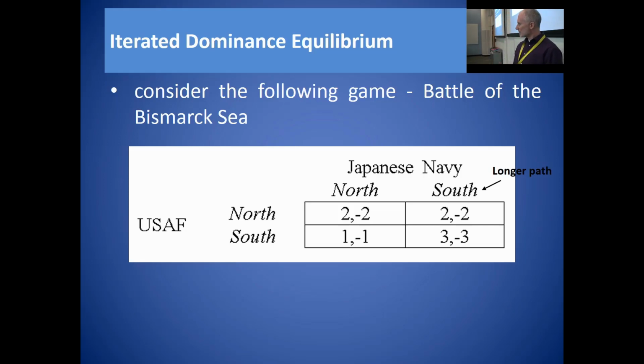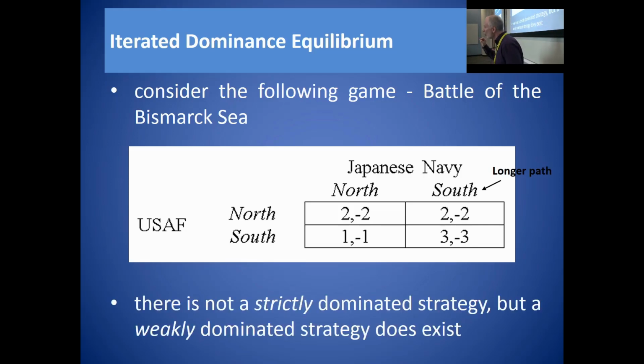So that's for the US Air Force. What, though, about the Japanese Navy? Well, would they choose to go north or south when the US Air Force went north? They would get the same outcome under either scenario. They get -2, so they wouldn't mind. But if the US Air Force went south, what would the Japanese Navy do? Choose to go north. But in that sense, is there a strictly dominated strategy? Is there a strategy that always gives an inferior outcome?